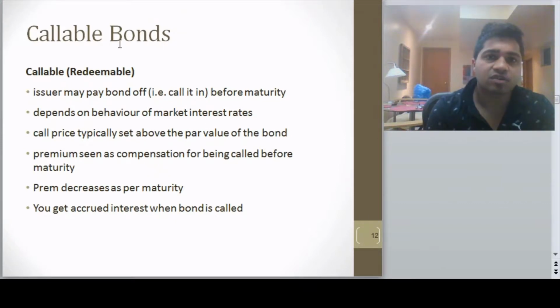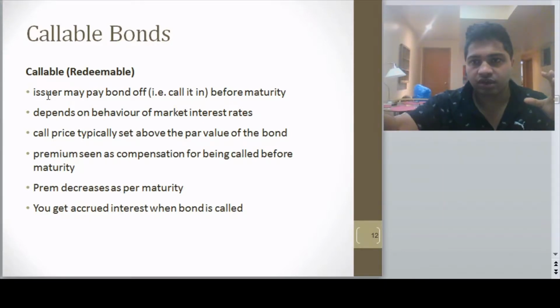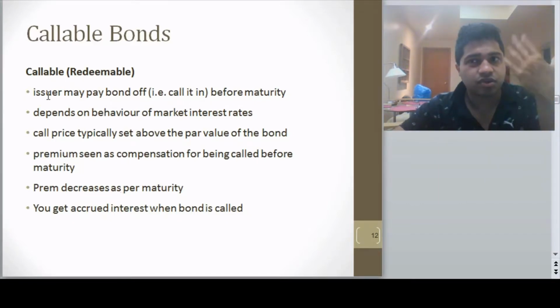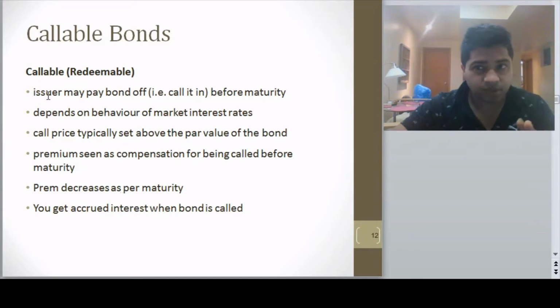Some other features: callable bonds, which are redeemable. How does redeemable work? There are two players: the bondholder who buys the bond, and the issuer, the company that issues the bond. Most bonds are callable, meaning the issuer has an option to pay the bondholder a certain amount of money and close the debt obligation.